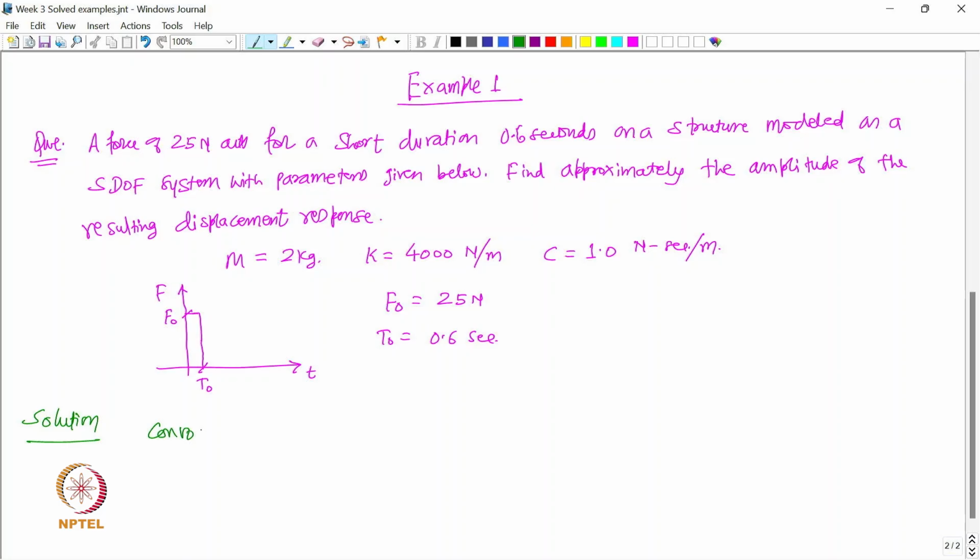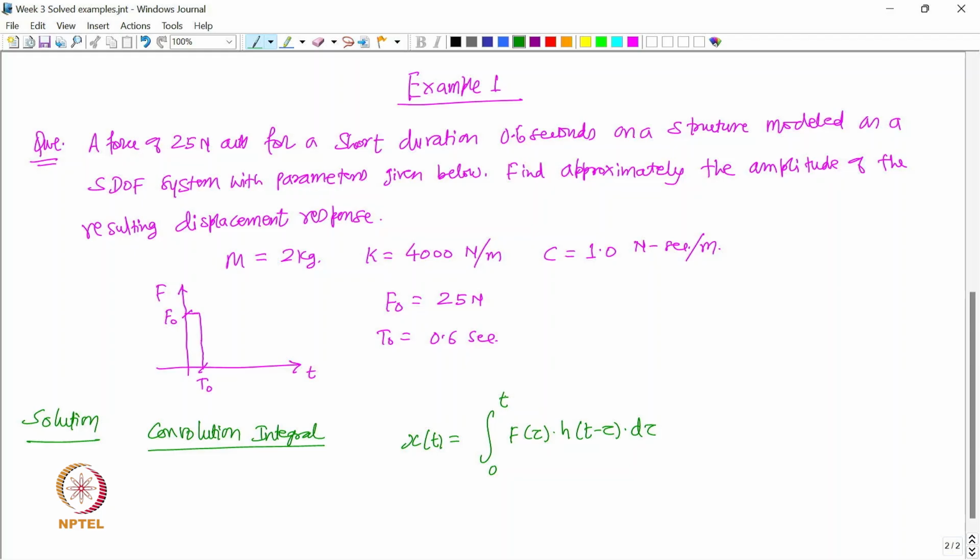The convolution integral says that if the response is x of t and the force is f of t, then x of t is the integral of f of tau h of t minus tau d tau from 0 to t.